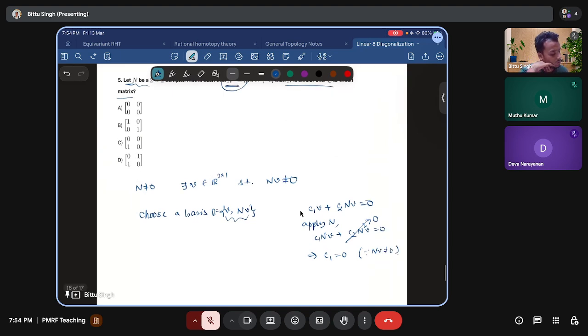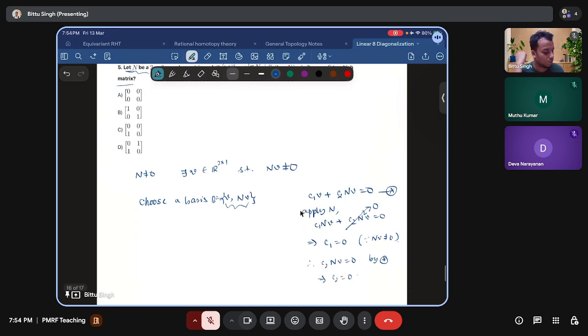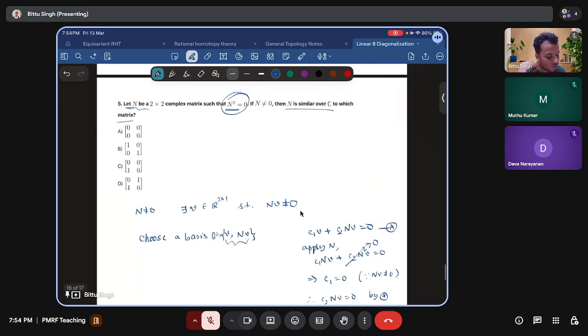Now C1 is 0, therefore C2 times nv equal to 0 by star. Hence C2 equal to 0. Therefore those two are actually linearly independent vectors. Hence it forms a basis for R2.